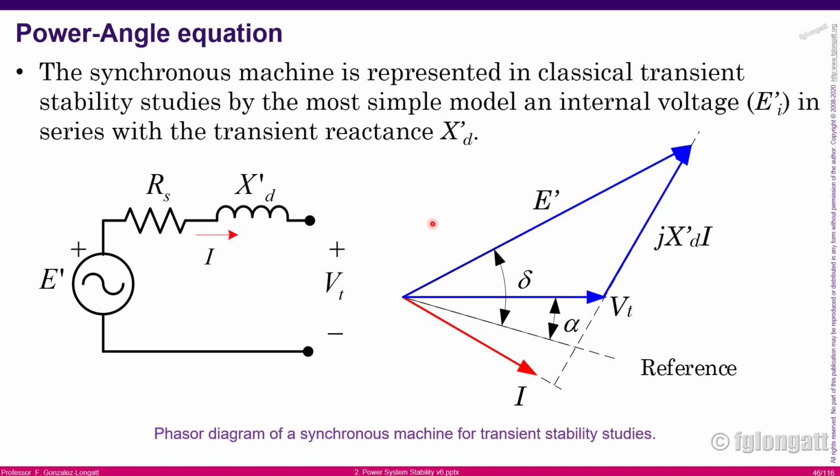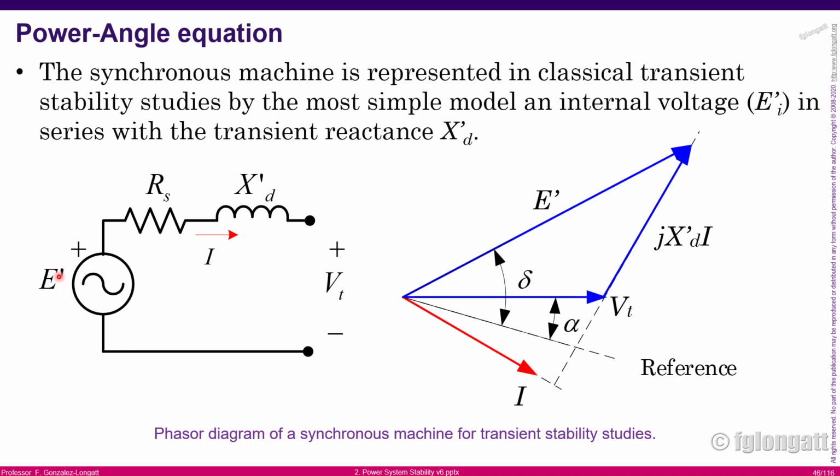You can see over here that the reactance that we are using is the transient reactance, and here the internal voltage of the machine is the transient voltage, okay? Later we will assume that the AVR is not acting and this voltage will be numerically equal to the steady state voltage, okay?